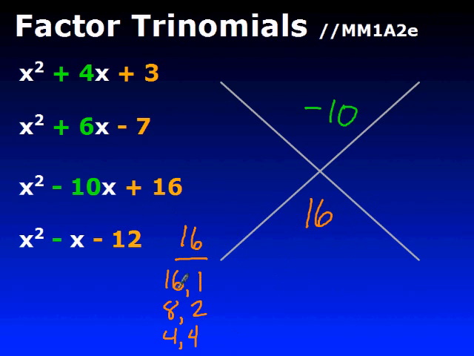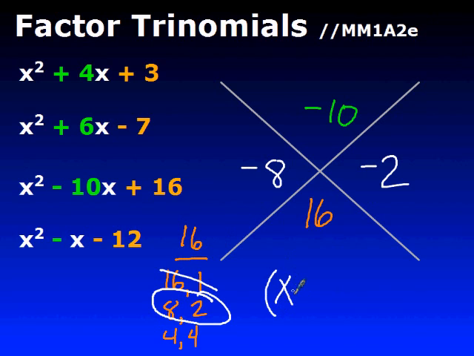So either the two numbers are positive or they're both negative. I want a sum of -10. Now the only way I'm going to add up to get into the negative territory is if both these numbers are negative. 16 and 1, there's no way I can add to be a 10, so we'll cross that out. 8 and 2, there's my pair. So we'll put a -8 and a -2. The solution is x minus 8, x minus 2.